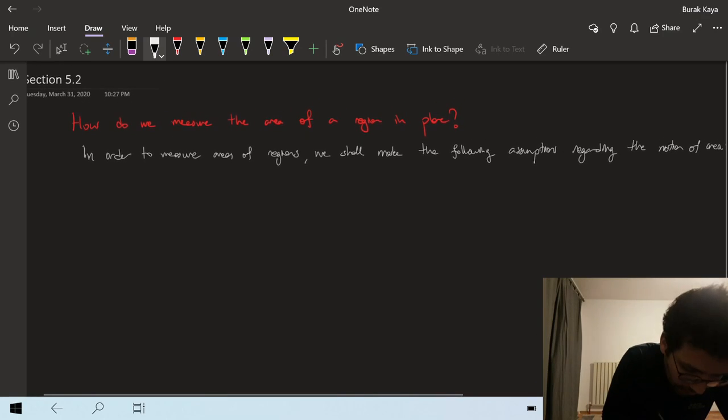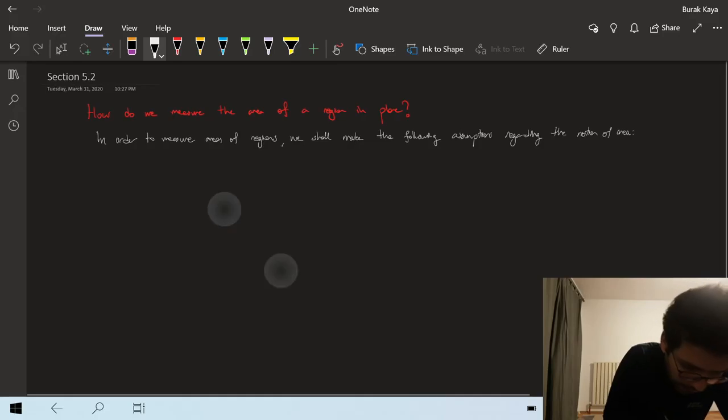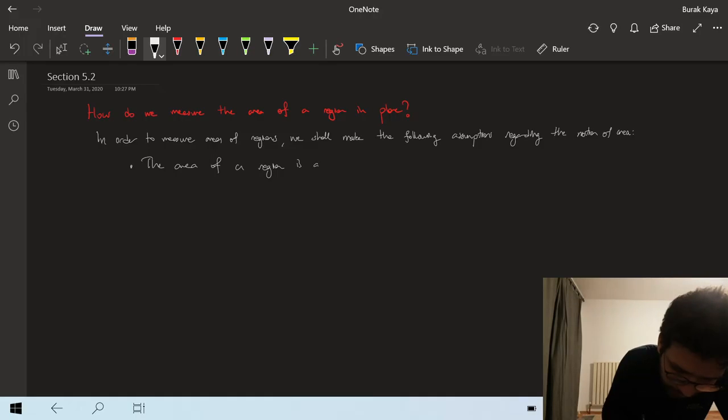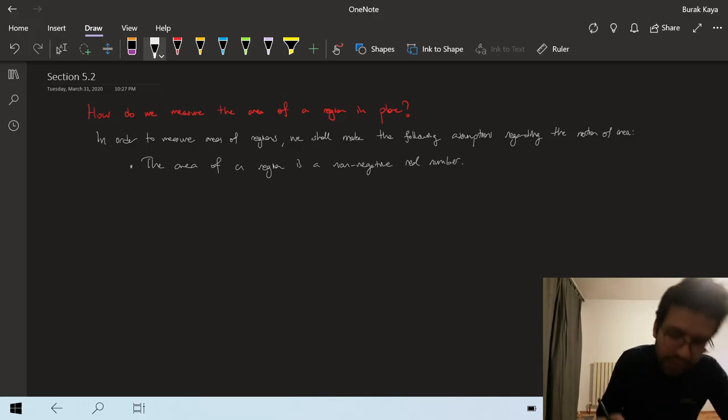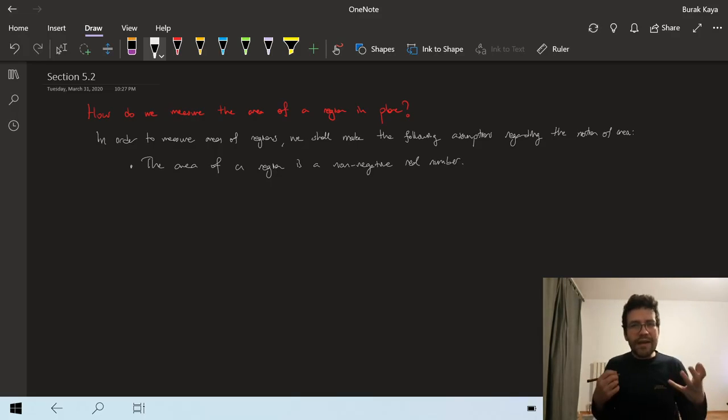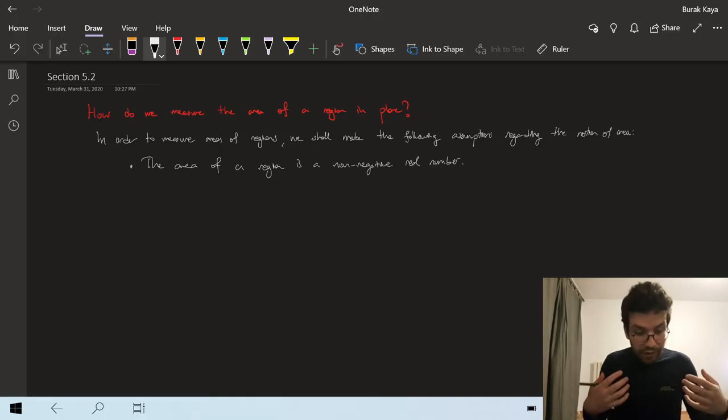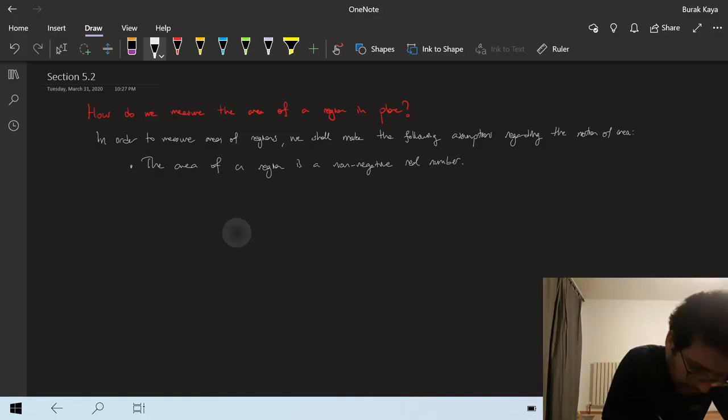The first assumption: the area of a region is a non-negative real number. So my first assumption about the area is that it's supposed to be something non-negative, which is consistent with our intuition of the notion of area, so that's fine.